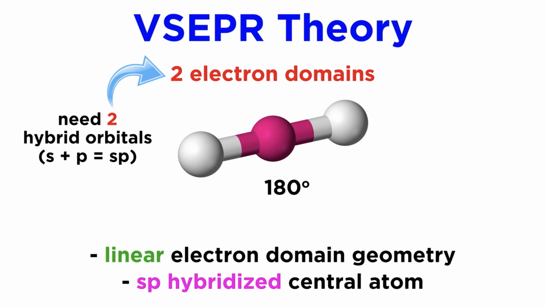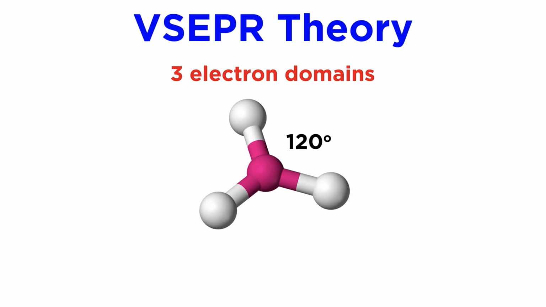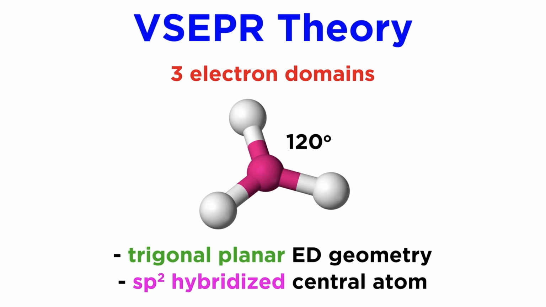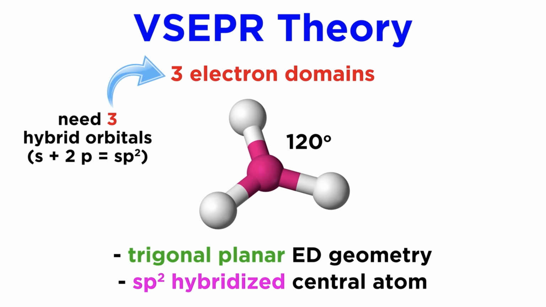And we will more thoroughly explain this hybridization process just a bit later. For 3 electron domains, 120-degree bond angles would be adopted. This is a trigonal planar electron domain geometry. Here, the central atom is sp2 hybridized, requiring one s orbital and 2 p orbitals to hybridize to generate the necessary hybrid orbitals.